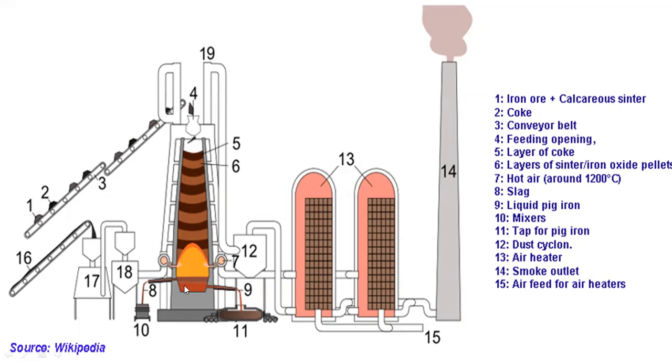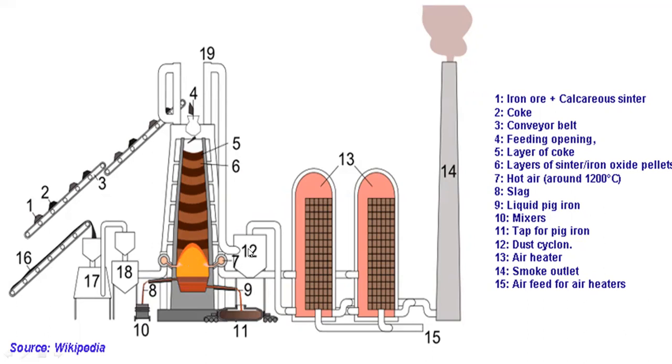The slag floating on the liquid molten metal comes out through the left, and the liquid metal at the bottom comes out. Then 10 are the mixers, basically to remove that slag. And 11 is the tap for pig iron. From this, pig iron goes to the continuous casting machine.